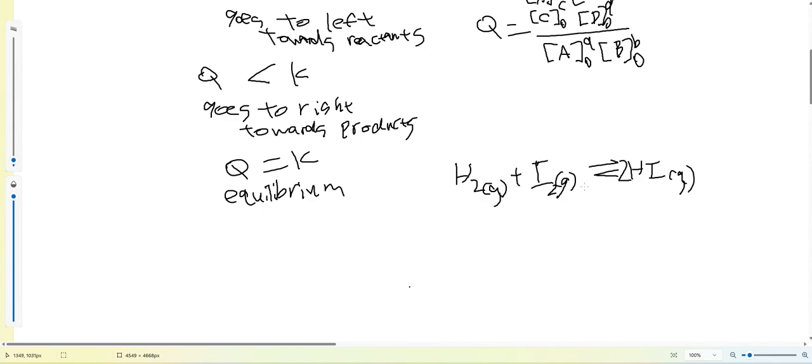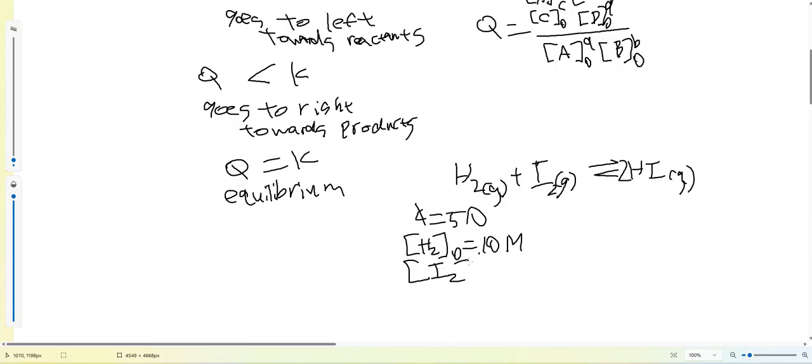So now, let's calculate Q. Sorry, I got ahead of myself. If K equals 50, H2, again, at time t equals 0, is equal to 0.10 molar.